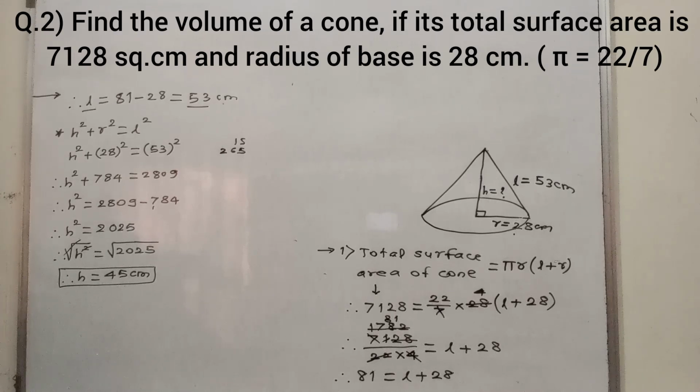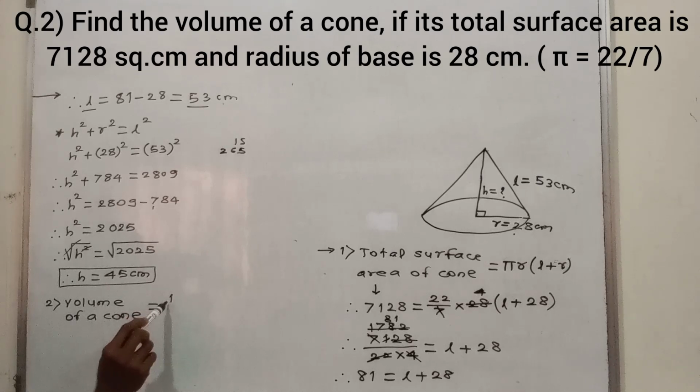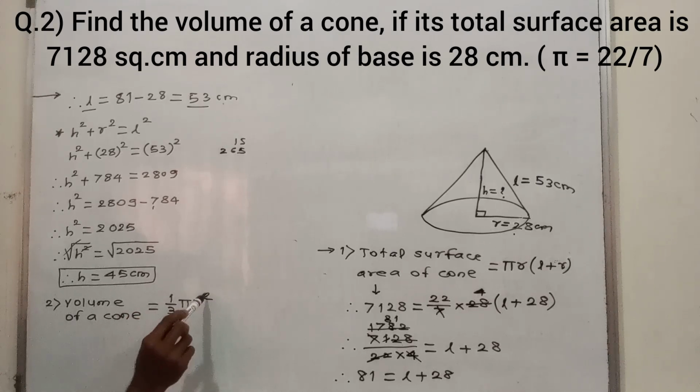Then what is the question? Find the volume of a cone. Therefore volume of a cone is equal to 1/3 pi r square h.